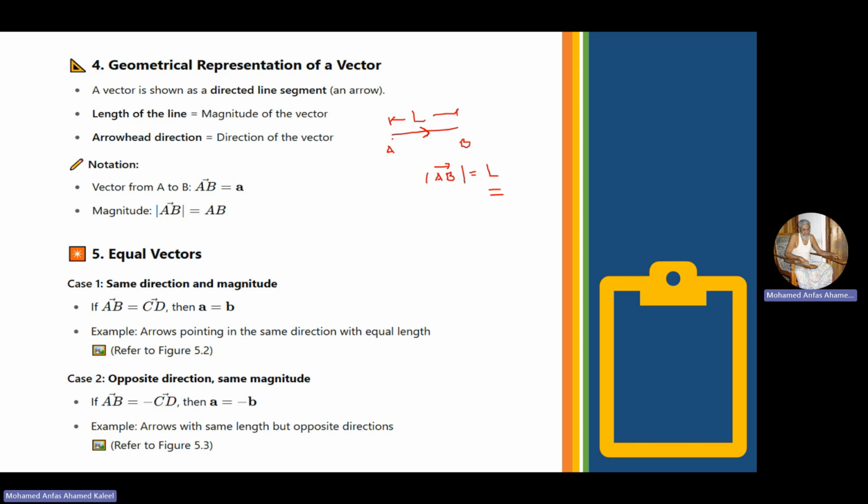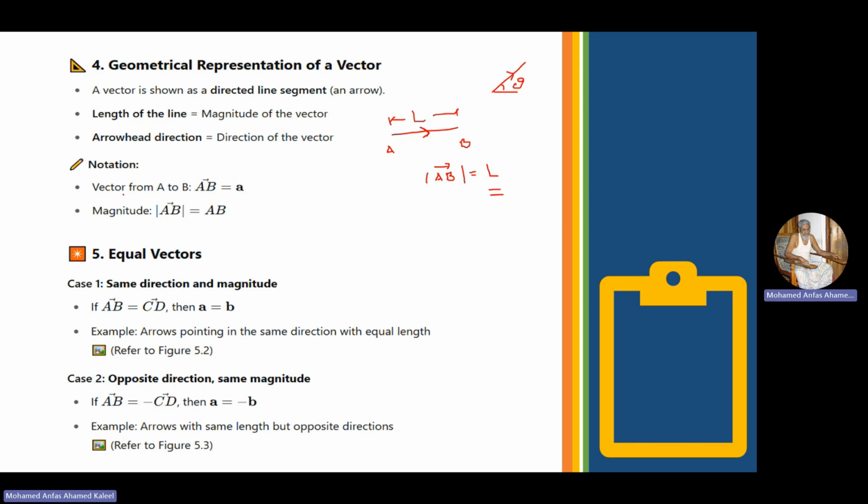We can say the direction is with the horizontal this much theta, or with the vertical this much theta. For example, this vector's direction is theta with the horizontal. So the arrowhead shows the direction of the vector.